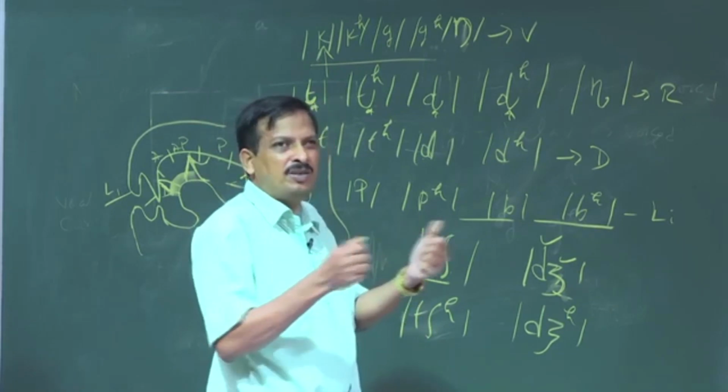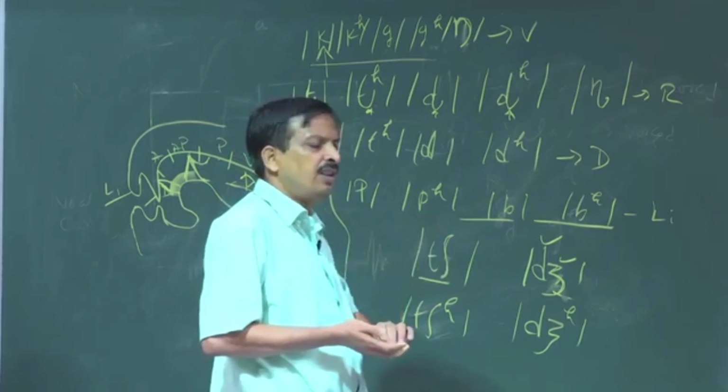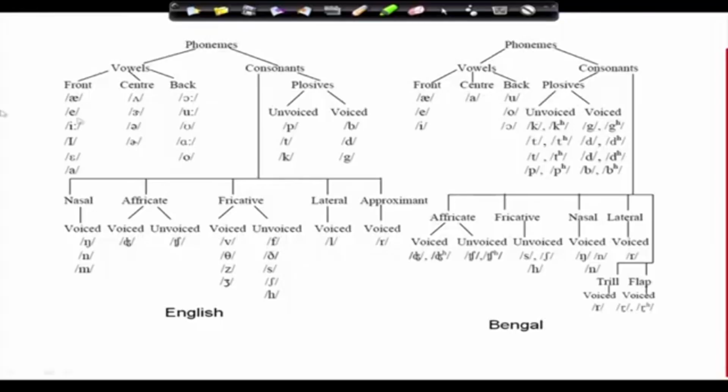There we took those things and found the similarities and non-similarities. But here, if you see the two phonemic charts, in English the plosives are only P, T, K, B, D, G, but in an Indian language, let us say Bengali, it has ka, ta, ta, pa. So, 4 into 4 into 4 into 4.